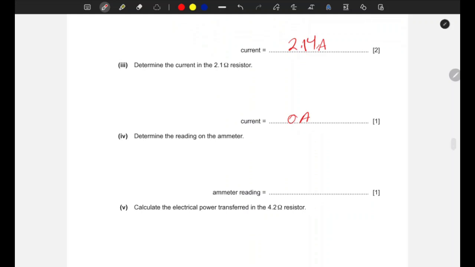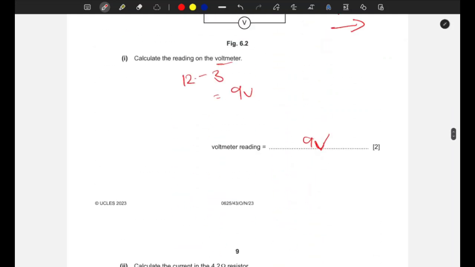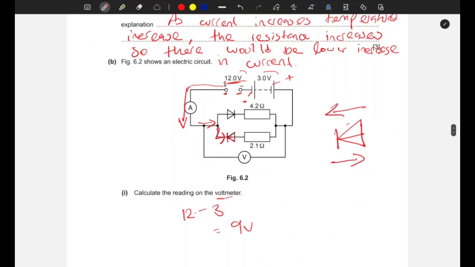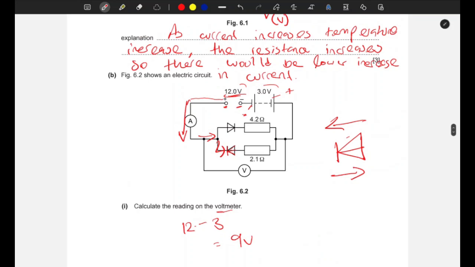Part 4. Determine the reading on the ammeter. So this is the ammeter, and it's connected in series to the batteries. What we would usually do, since we have two resistors set up in parallel, is combine those resistors.